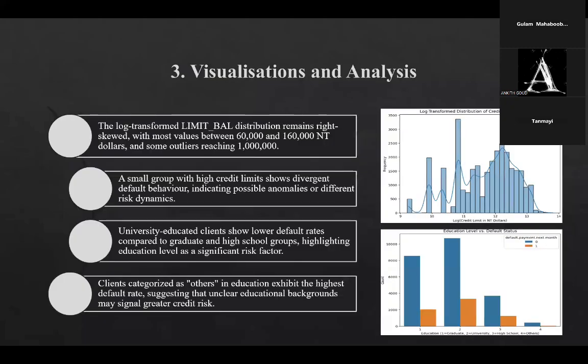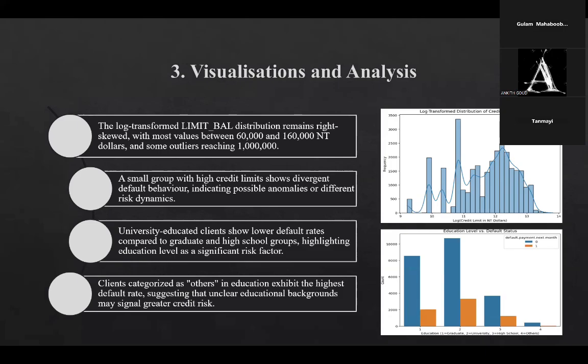Thank you, Sharif. I would like to present the visualization and the analysis. The log-transformed limit balance distribution remains right skewed, with most values between 60,000 and 160,000 NT dollars and some outliers reaching $1,000,000.